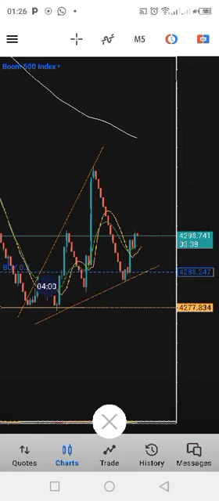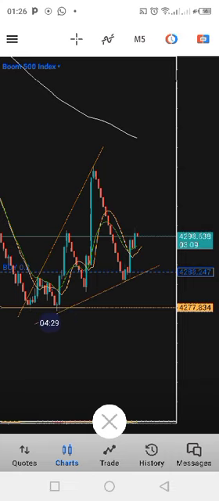I noticed that in my trend line, the market was selling here, and then it hit the trend line at the top, causing a lower high, and then at the bottom causing a lower low. Then it went up again to break this lower high to the next lower high, which is a break of structure, and then it bounced back to the lower low, which is a break of structure because it didn't get to this lower low.